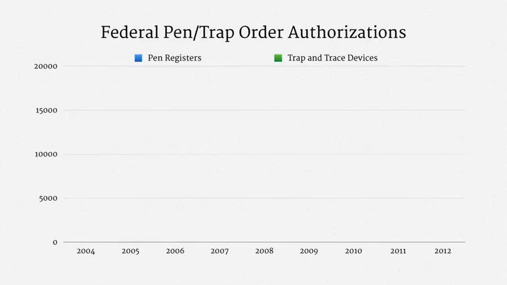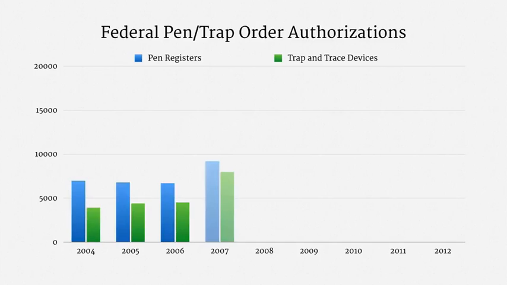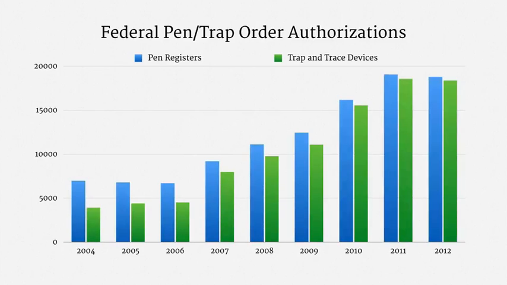The Pen Register Act includes a reporting requirement for federal law enforcement agencies, so it's possible to get a rough sense of how pen traps are used. For quite some time, the Department of Justice dragged its heels in publicly sharing these reports, but they're now fairly regular. So, one apparent trend is that federal agencies are increasingly turning to pen trap authority.